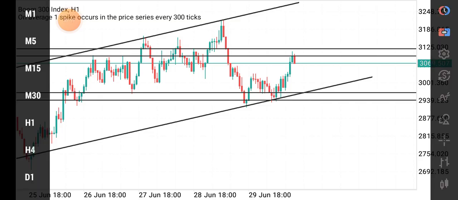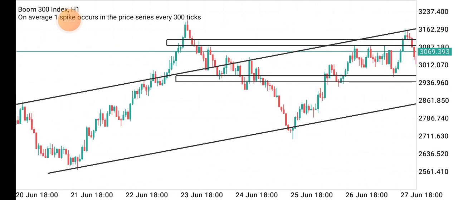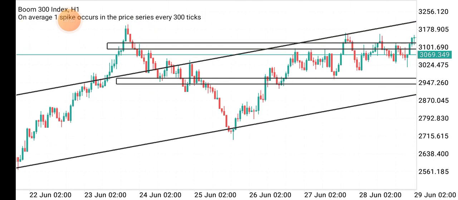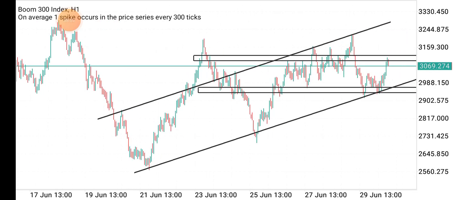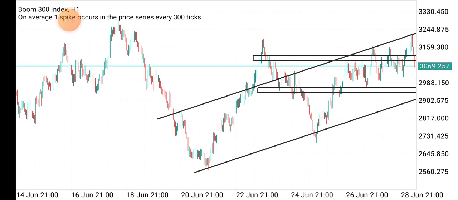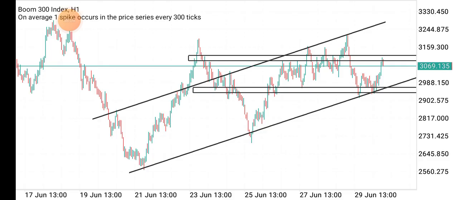All right. So now, if you look at this chart right here, there is something I wanted to show you guys, because another very easy way of making money trading is by following patterns on the chart. For example, we have a channel here.